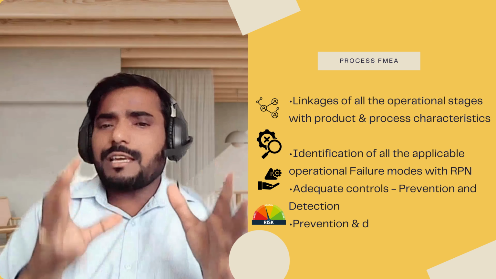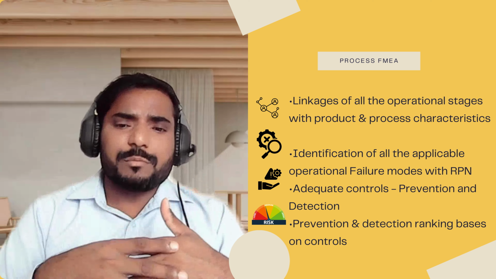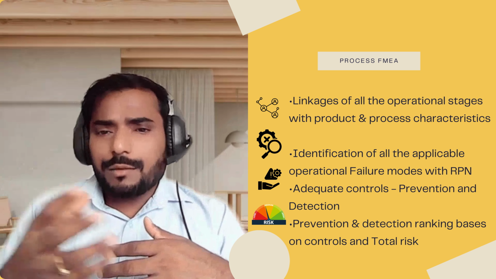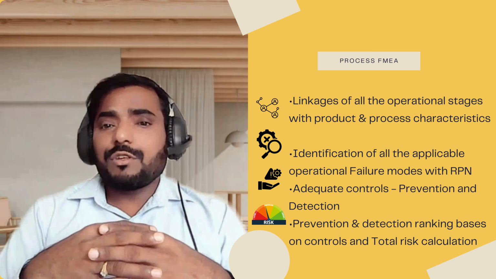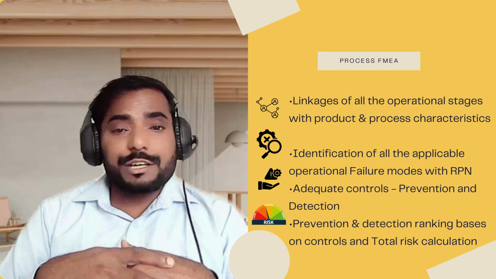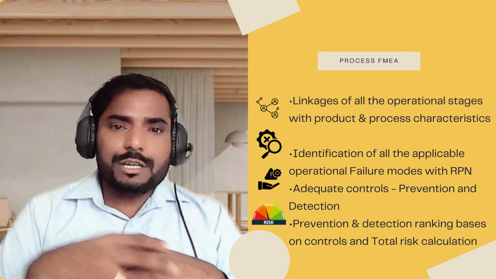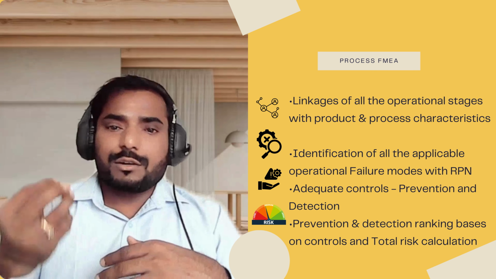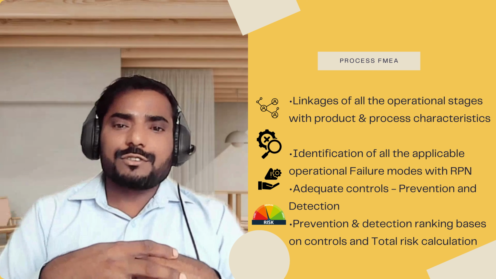Once this linkage is there, you can verify in the process FMEA whether they have captured all the failure modes, and the applicable causes by considering man, machine, material, method, measurement, and nature. Just consider any of the critical issues and check whether all the applicable causes related to those critical failures are captured.